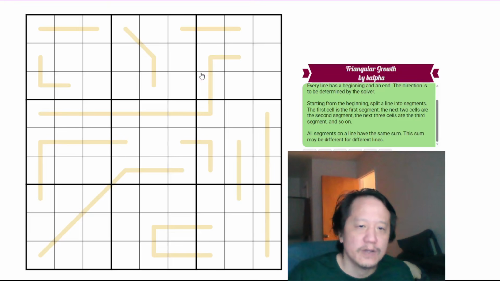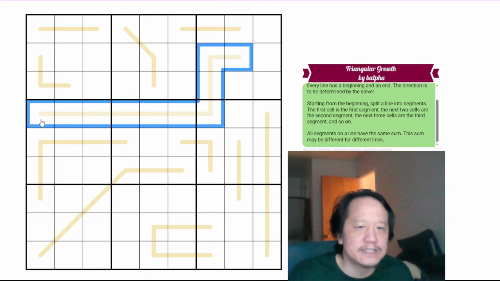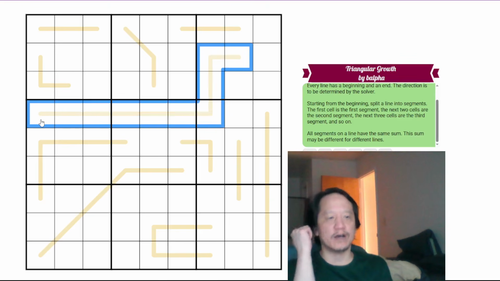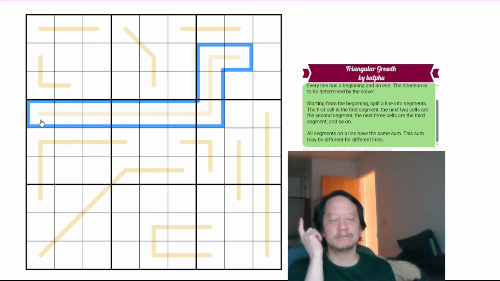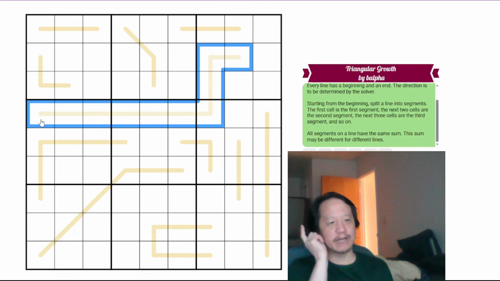Okay, we have a 10-cell line here, which means the segments must be 1 cell, 2 cells, 3 cells, and 4 cells.